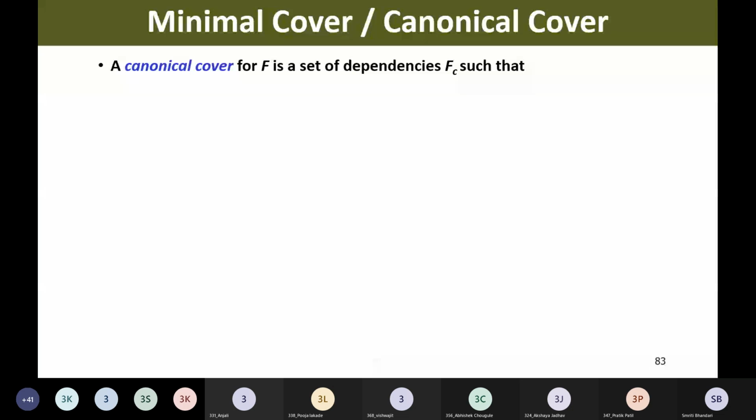We are now summarizing what we mean by a canonical cover.